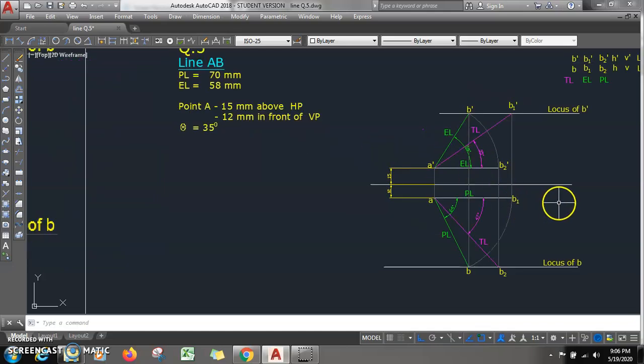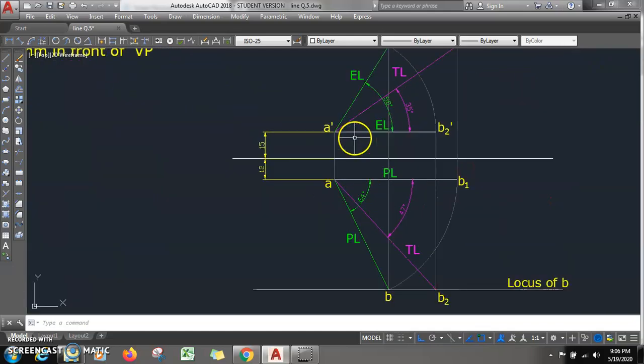So how do we get the traces? HT and VT: extend A dash B dash up to this line. This point becomes H dash. Extend AB up to this line.